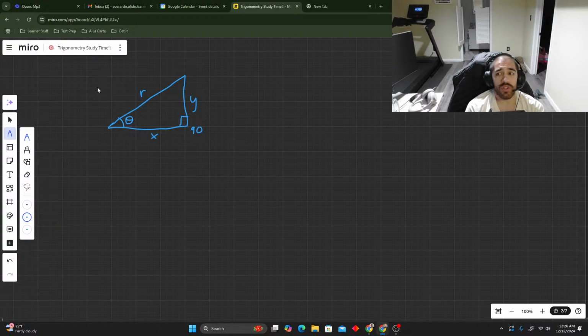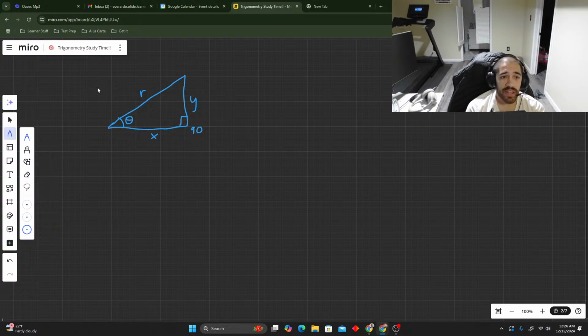And you have the hypotenuse, which is the side opposite of this right angle. The other two are the side legs of this right triangle. Usually when we're looking at one angle, we will define the side lengths with respect to this angle.